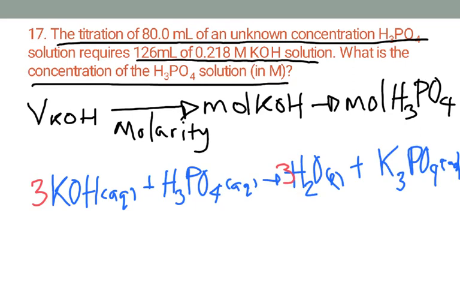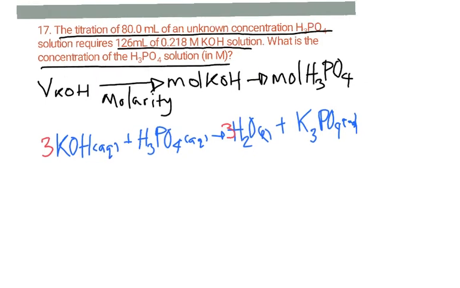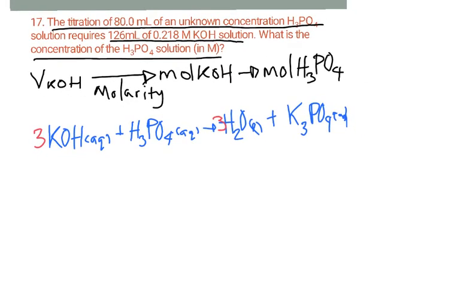There are 6 hydrogens on the product side. Now there are 6 hydrogens on the left-hand side. Okay, so we have a balanced chemical equation here. Alright, so now that we have a balanced chemical equation, we know that for every 3 moles of potassium hydroxide, there's going to be 1 mole of phosphoric acid. And so we have all the information we need to solve our problem.